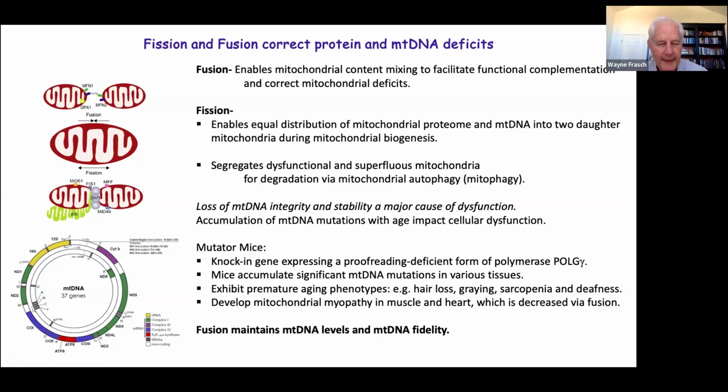And so someone did a knock-in gene that would express a mutant of polymerase POLG gamma. So the polymerase will replicate the mitochondrial gene.